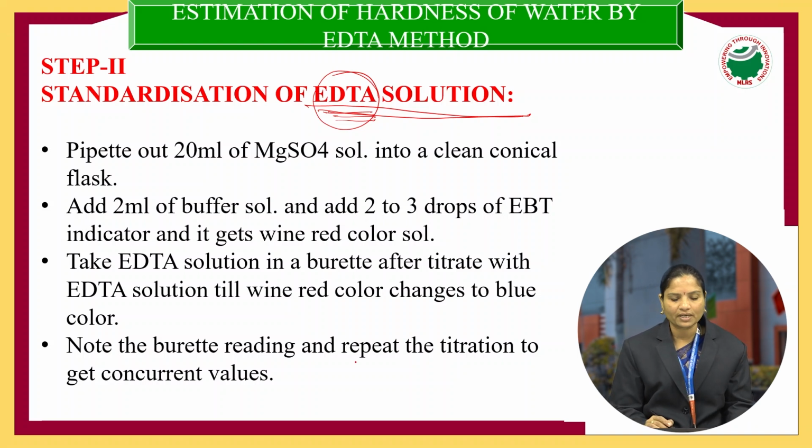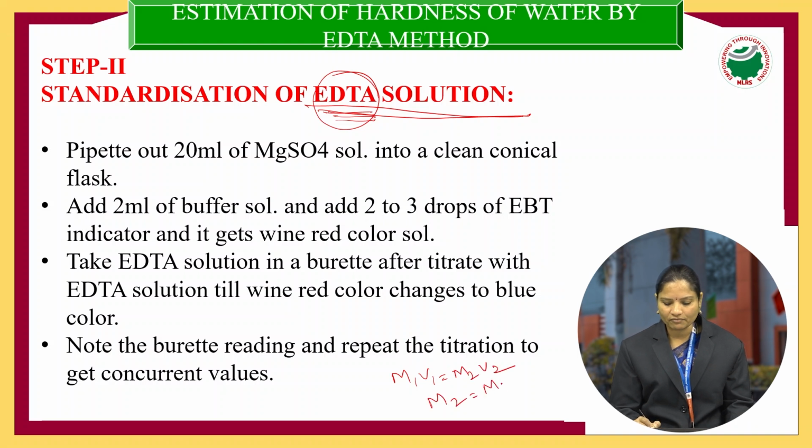So how do we find the molarity of EDTA from the molarity of MgSO4 solution? M1V1 is equal to M2V2. M2 is equal to M1V1 by V2. M1 means molarity of MgSO4 solution, which we already prepared and calculated from step 1.